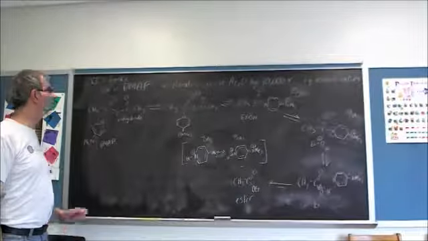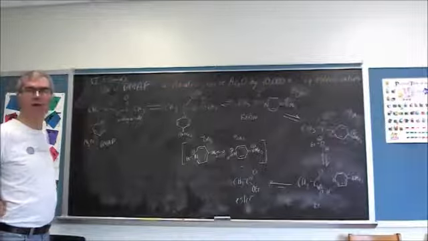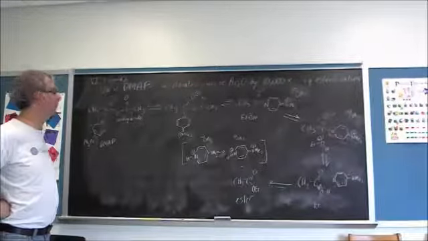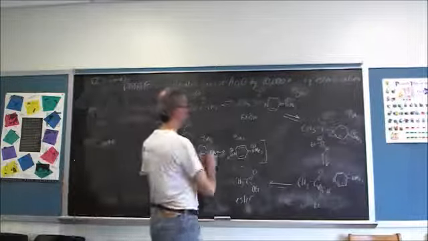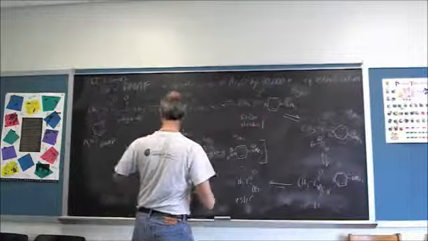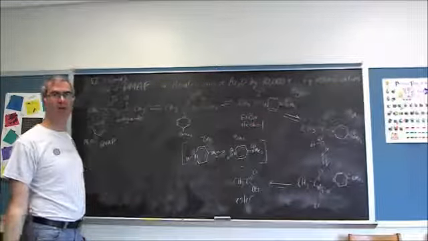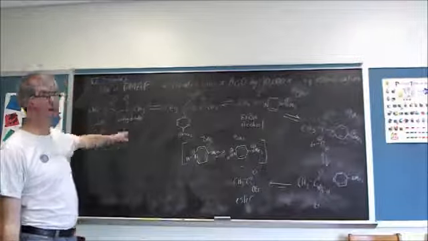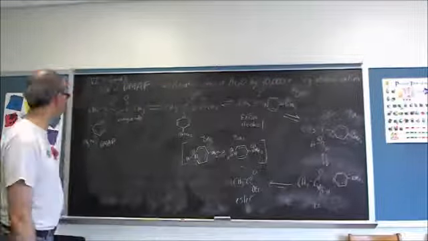Now, this is an example of the use of DMAP, in this case for an acetylation of an alcohol. I picked just a simple alcohol, ethanol. And acetic anhydride, which is less reactive than an acid chloride, but it's a lot more convenient to work with than acetyl chloride usually.